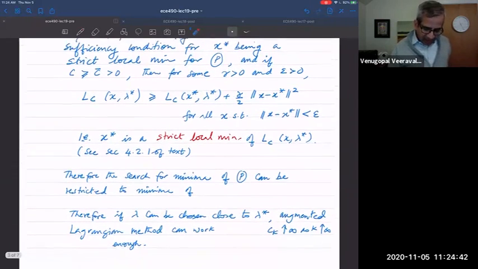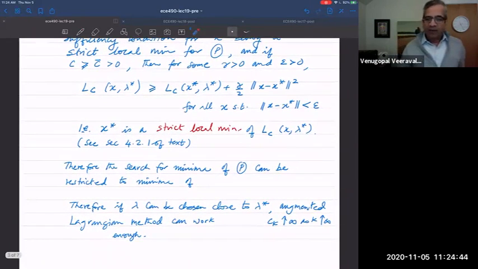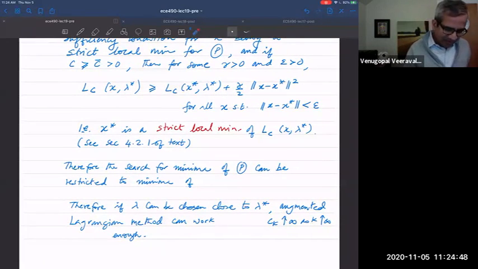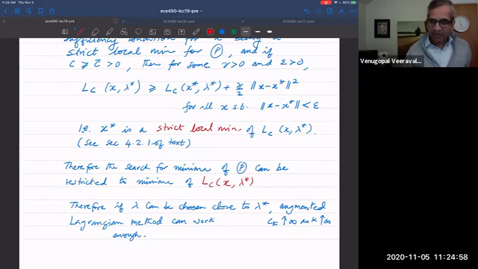So I can restrict the search for minima of P to the minima of this augmented Lagrangian, as long as I'm operating at lambda star.